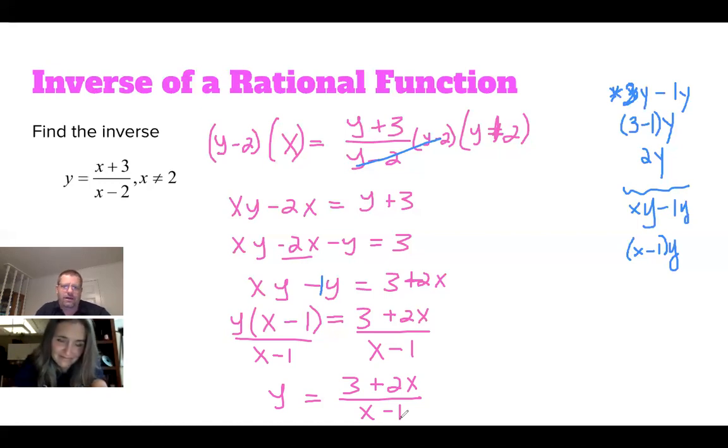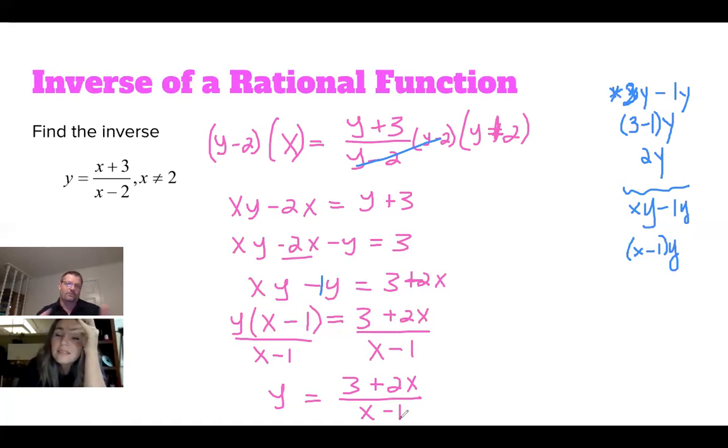Now, I'm not even going to try to graph the original function. I do know I would have, in the original, had a vertical asymptote at x equals 2. And so I would expect a horizontal asymptote at y equals 2, and I do have that in this case. These are first degree polynomials, with a 2 and a 1.